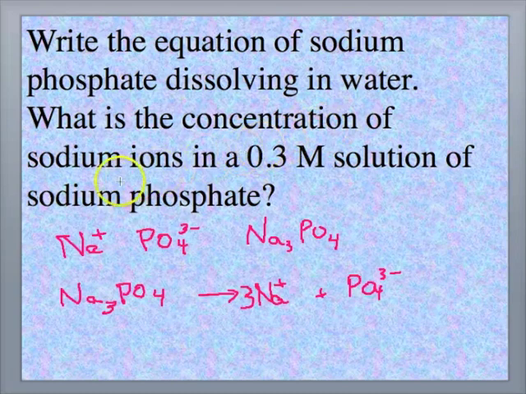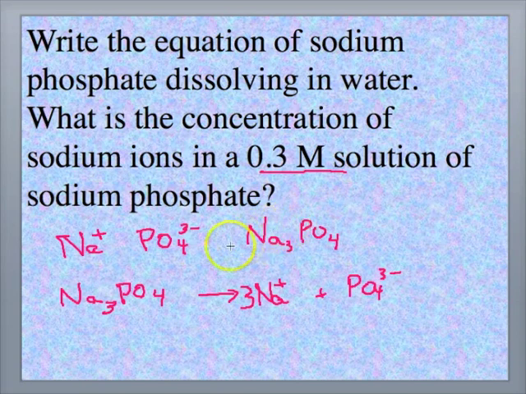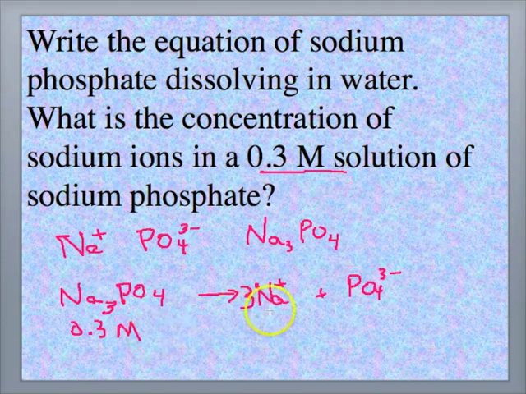Now, what's the concentration of sodium ions in a 0.3 molar solution of sodium phosphate? So this solution is 0.3 molar in sodium phosphate, and it breaks up, and for every 1 formula unit of sodium phosphate, we have 3 sodium ions being produced, floating around in the water.